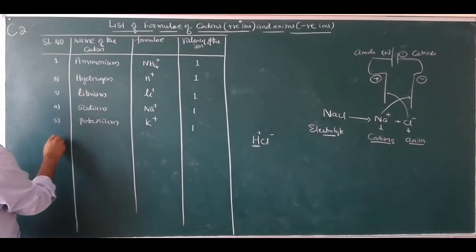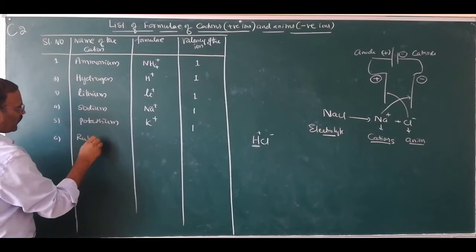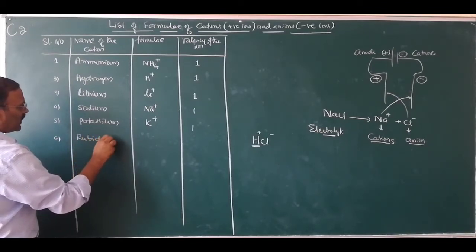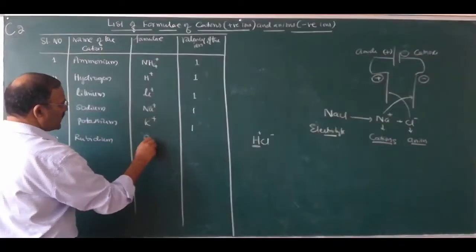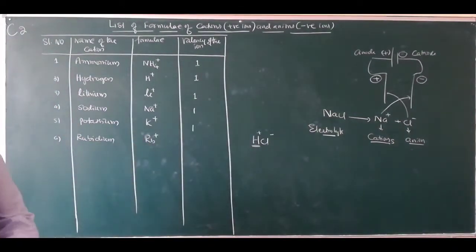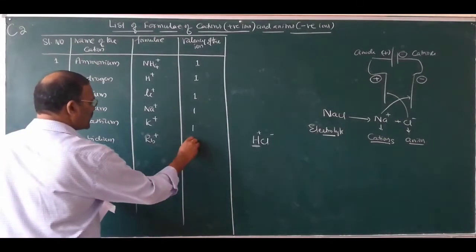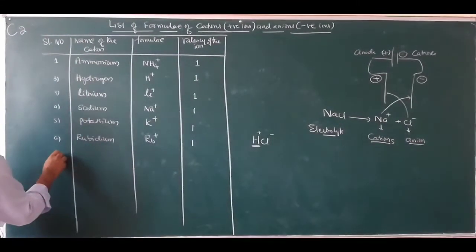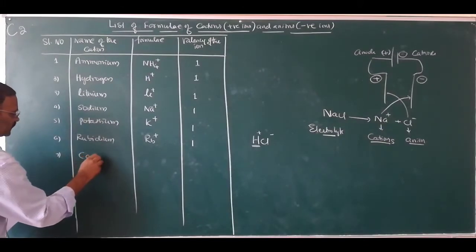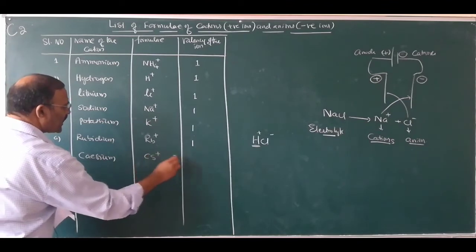Sixth one, rubidium, this one is Rb plus, valency is 1. Seventh one, cesium, this is Cs plus, valency 1.